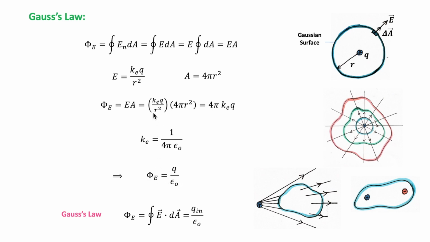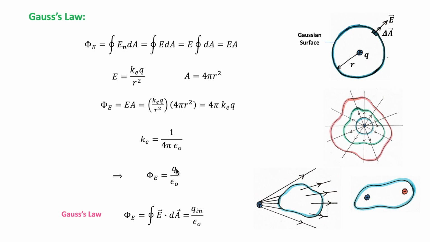So as you can see, E varies with 1 over r squared and A with r squared. So their combined effect cancels out and we get electric flux that is independent of r, okay? So this shows that the net flux through a spherical surface is proportional to the charge Q inside the surface, okay? And as we said, is independent of r.